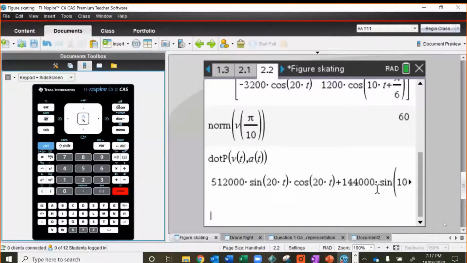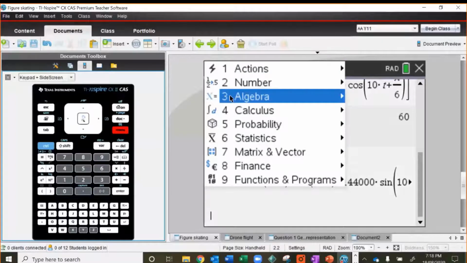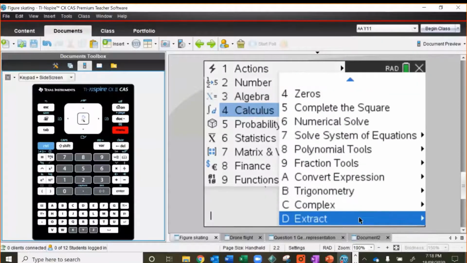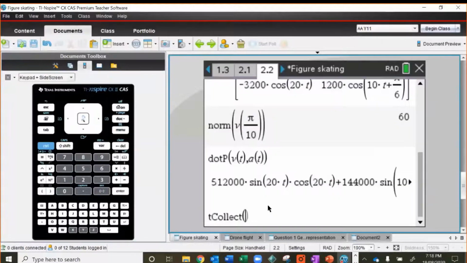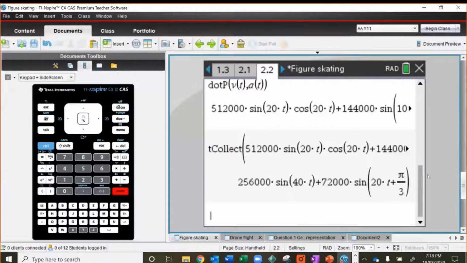So it's a complicated formula. Could I display it a bit better? Yes, I could. If I go to algebra and trigonometry and collect, that looks slightly better. Not that we'll be doing it by hand, but remember there is p-collect, and often for speed it is quite handy, which I will show you also with the drawn question.